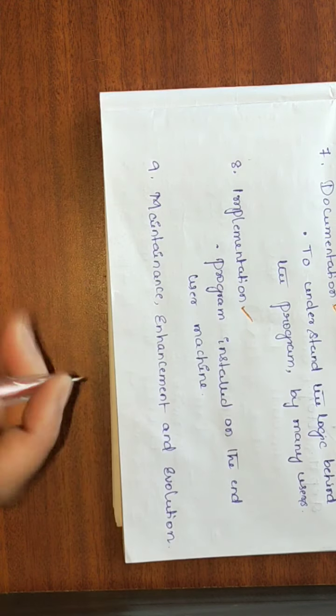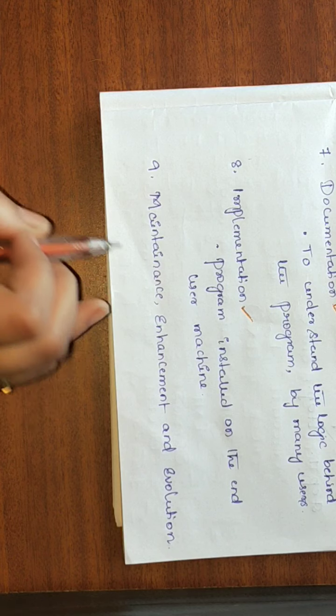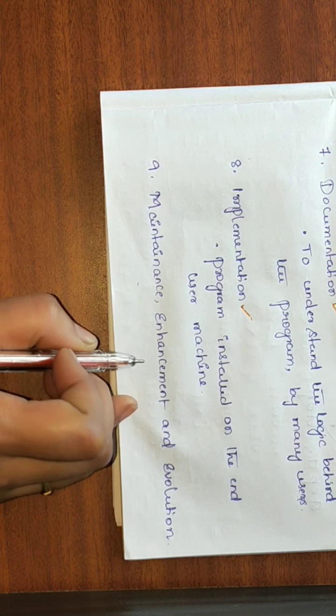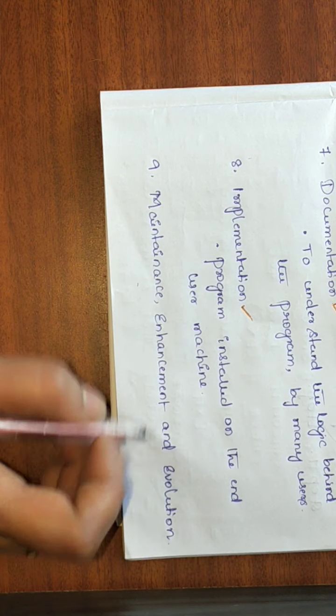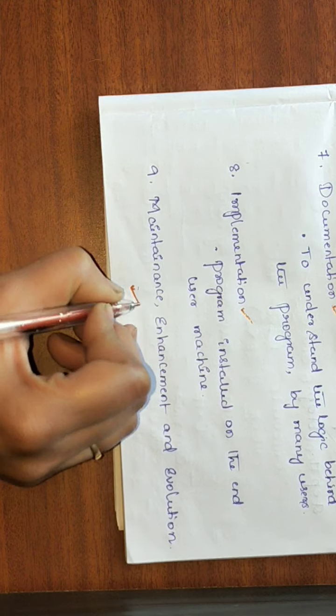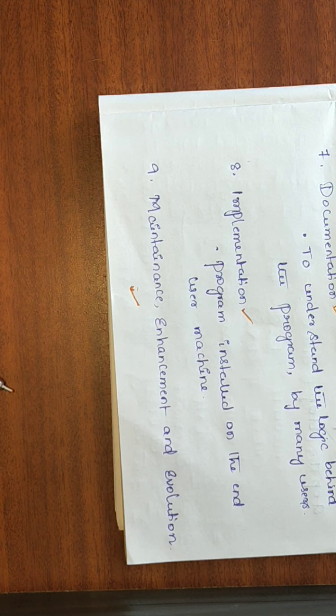And after that, at the end we need to maintain the code. If we want to enhance any part of the code, we can enhance it. Evolution means maintenance, enhancement and evolution. Suppose we want to maintain a library information system.